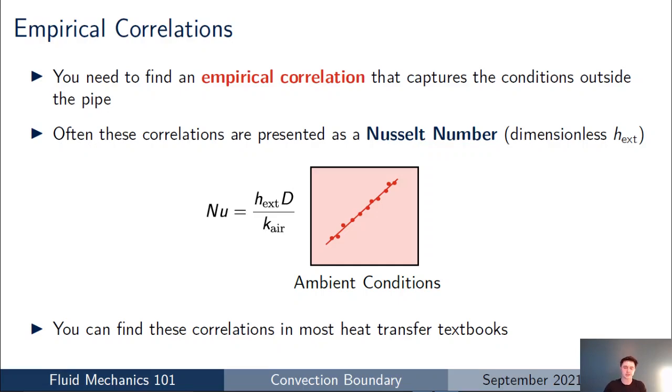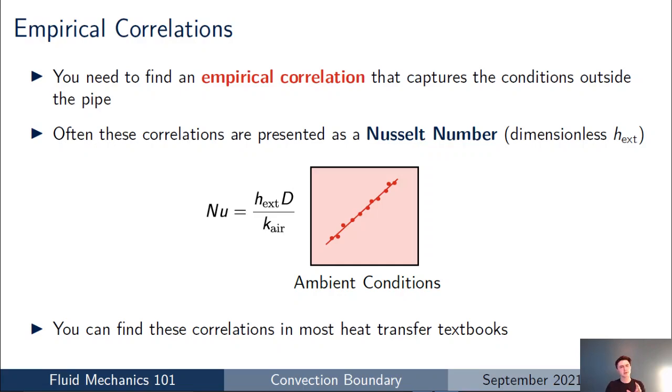It has no units. And you may find that the correlation looks something like the sketch that I've got for you there on the slide, where on the x-axis you've got the ambient conditions expressed in some form, which I'm going to go through in a bit, but on the y-axis you can see we've got the Nusselt number, which is the external heat transfer coefficient multiplied by the pipe diameter and divided by the conductivity of the air.